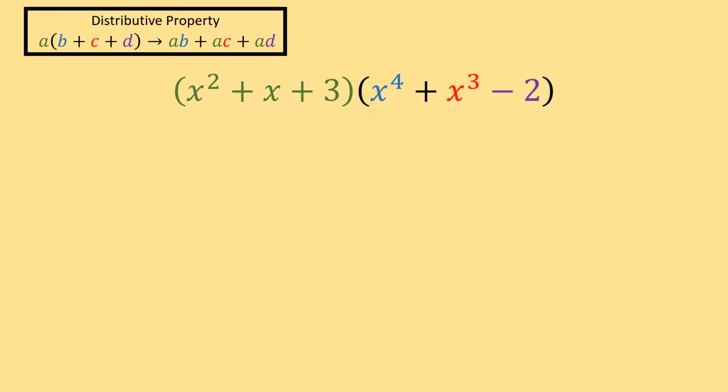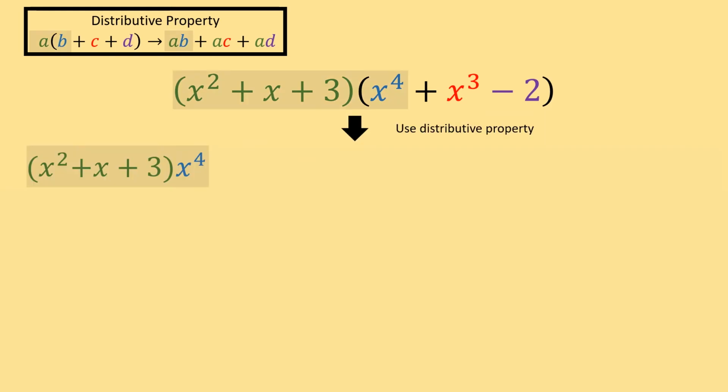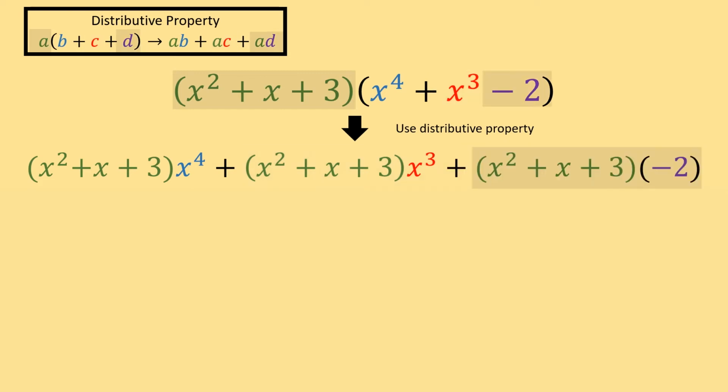Looking at it this way, we can multiply a by each of the individual terms in the second polynomial. We have x squared plus x plus 3 times x to the fourth, just the a times the b term. I then multiply my first polynomial by x to the third power, and also multiply my first polynomial by negative 2. This is a legal use of the distributive property.